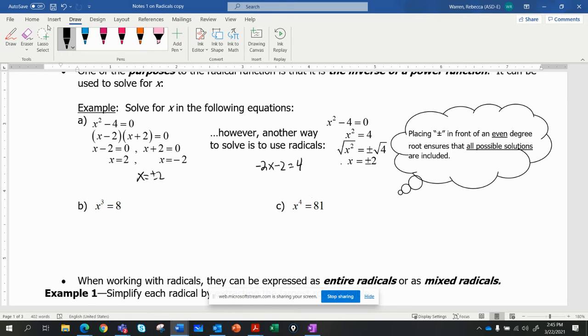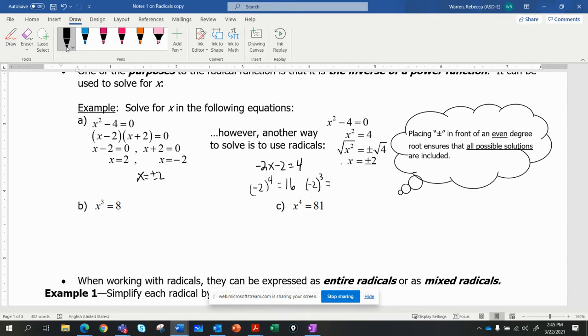And that is true for any even numbered exponent. For instance, if I had negative 2 to the power of 4, that is going to give me positive 16. But negative 2 to the power of 3, an odd numbered exponent, what does that give me?